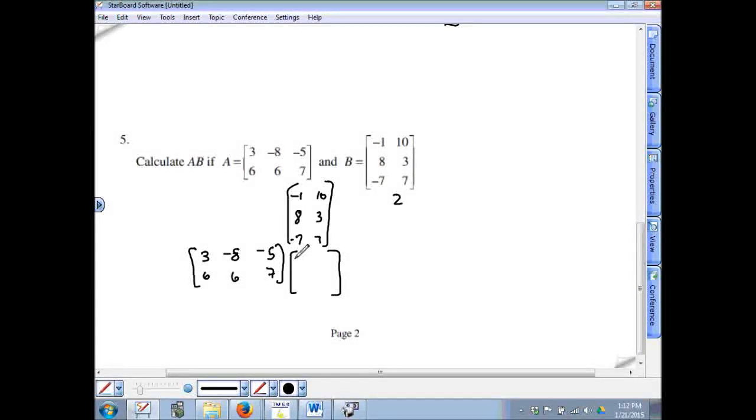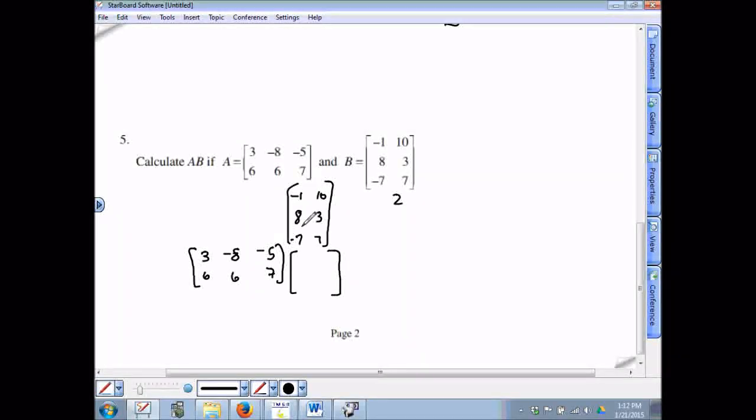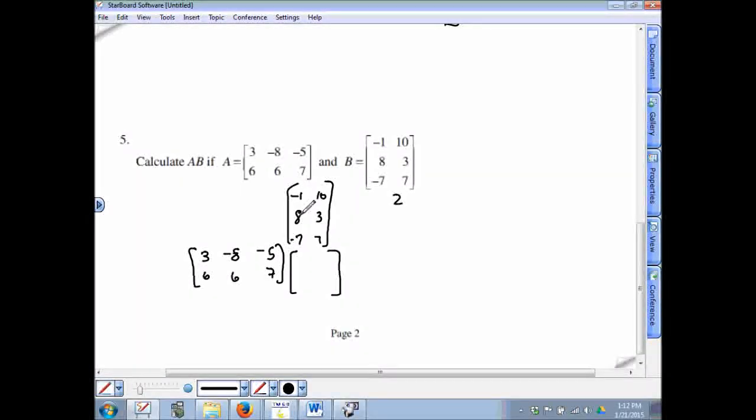This first entry in the top left corner is a result of this top row and this first column. So if we go down the column and across the row, we're going to have negative 3, and then negative 64, and 35.